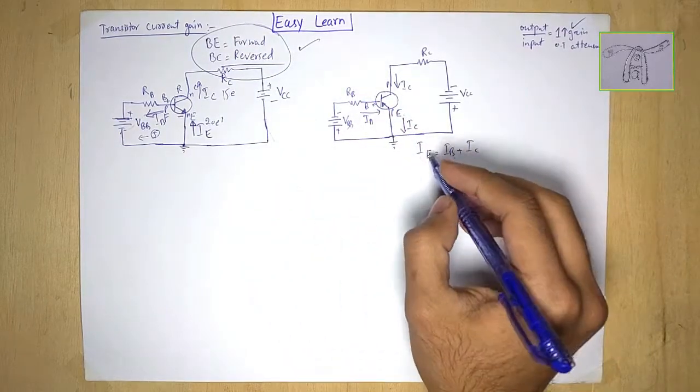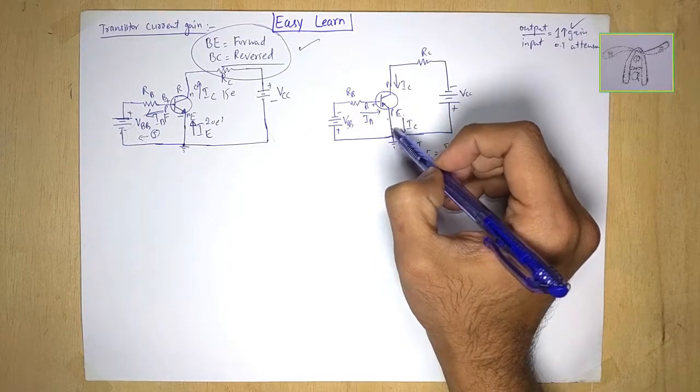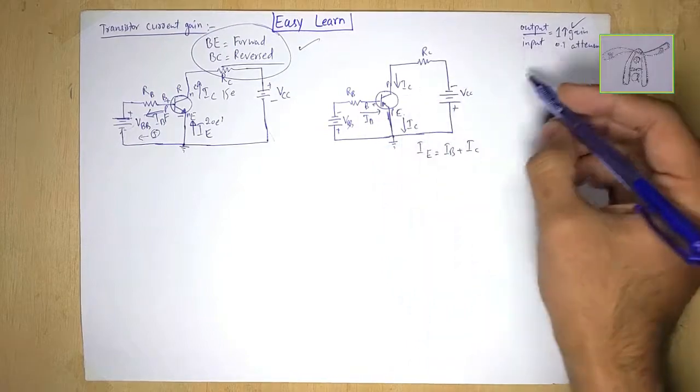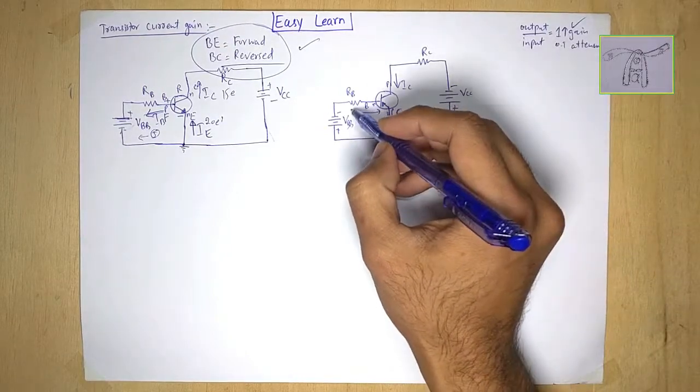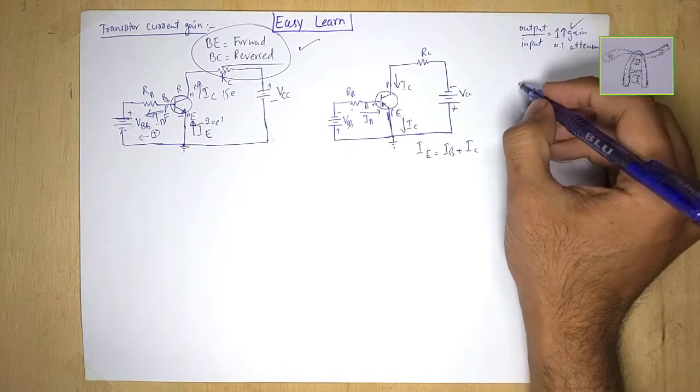Here no resistance is used, just to show that the emitter has a higher concentration, while the base and collector have a lower percentage of electrons.